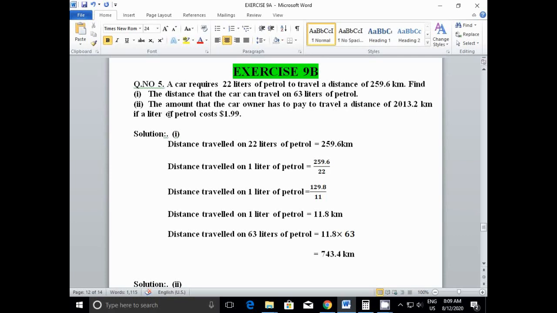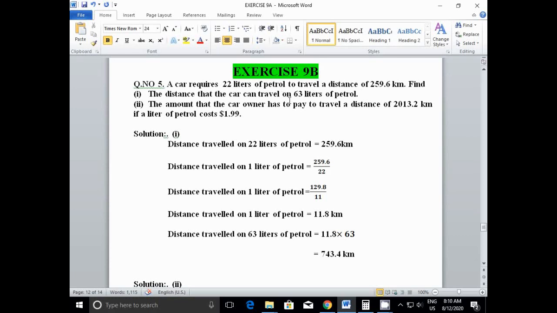Now we have given in this question the distance 259.6 kilometer traveled on 22 liters of petrol. Now we have to find, if we have 63 liters of petrol, then we have to find the distance traveled by the car.